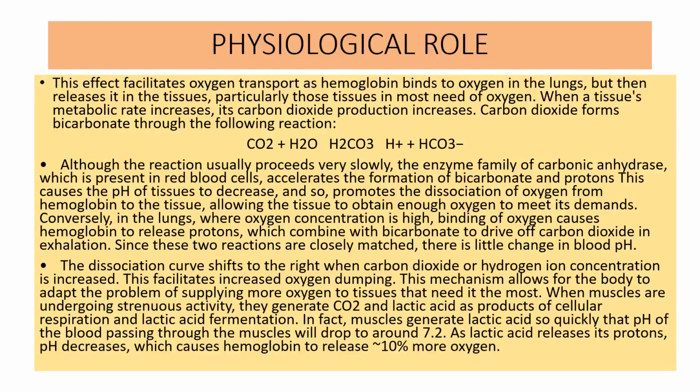In fact, muscles generate lactic acid so quickly that the pH of the blood passing through the muscles will drop to around 7.2. As lactic acid releases its protons, pH decreases. This causes hemoglobin to release about 10% more oxygen. So this is the Bohr's effect.